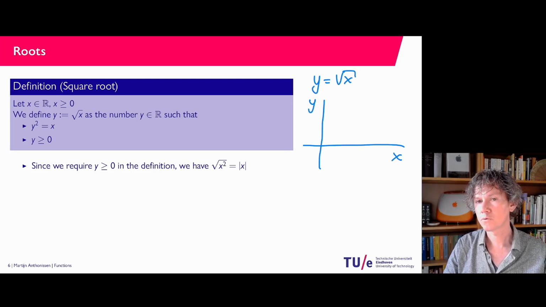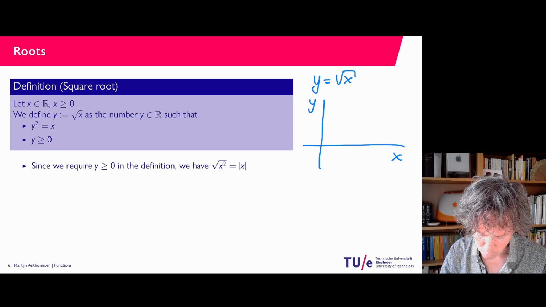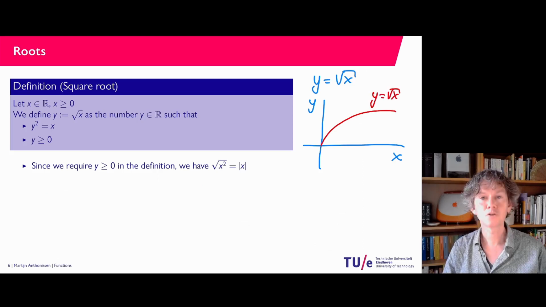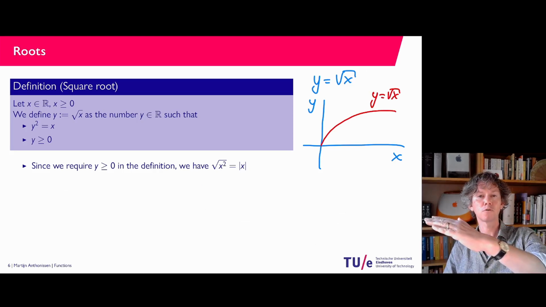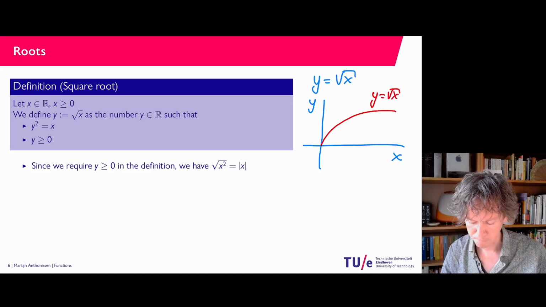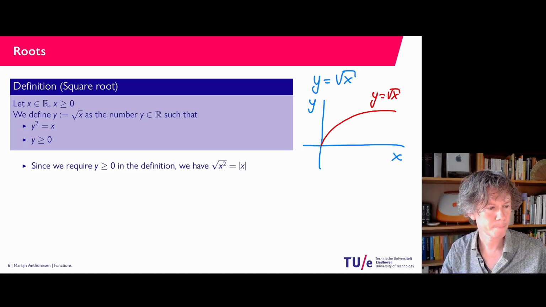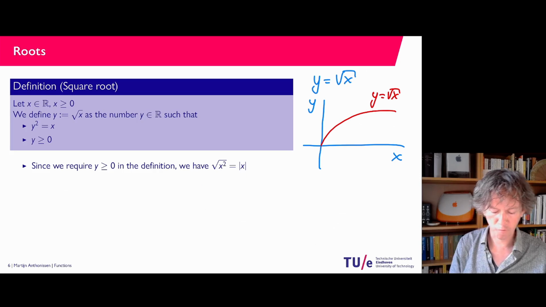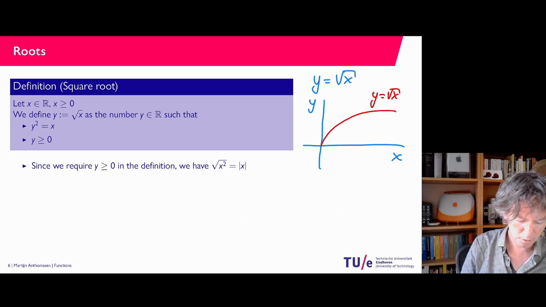The square root of 0 is 0, and then the function looks a little bit like this. Y equals square root of x. And it keeps increasing, right? So if you let x go to infinity, then square root of x will also go to infinity.